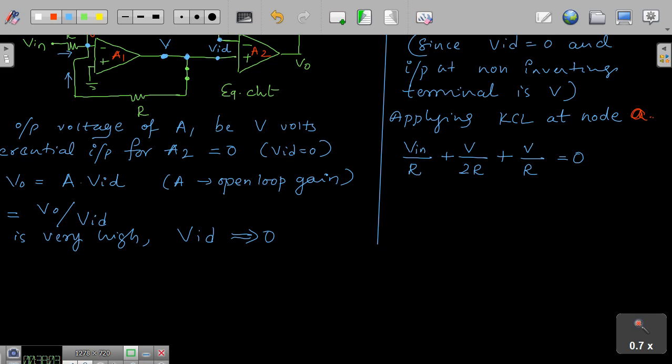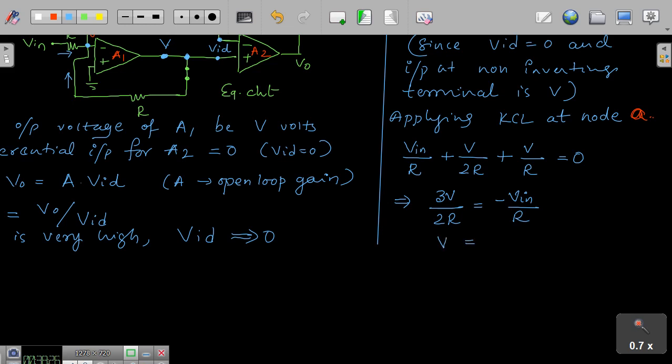So this becomes V in by R. You take that V in by R to the other side, so that becomes 3 by 2 V by R. Please check. 3V divided by 2R is equal to minus V in divided by R. Am I right?